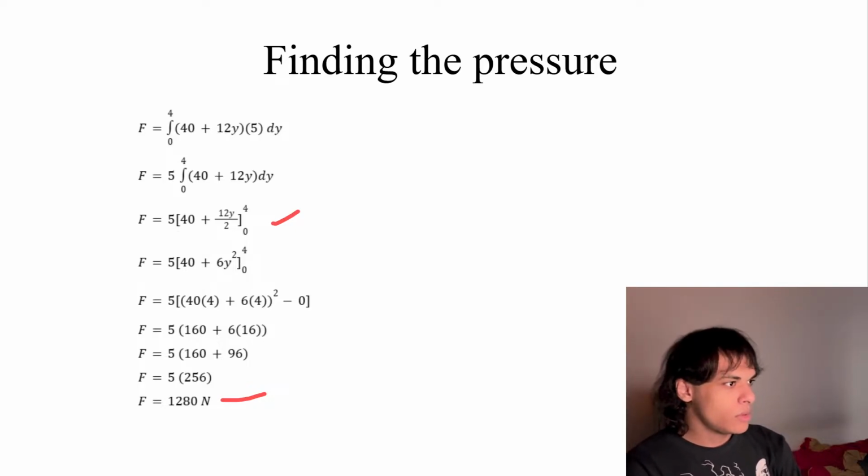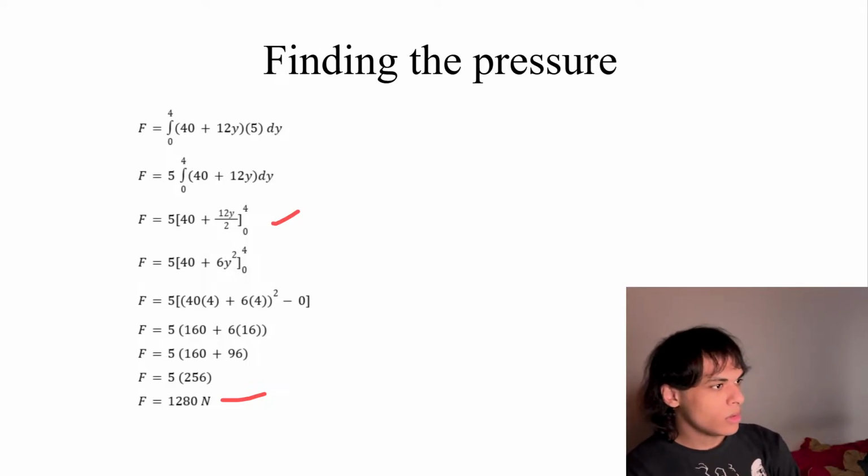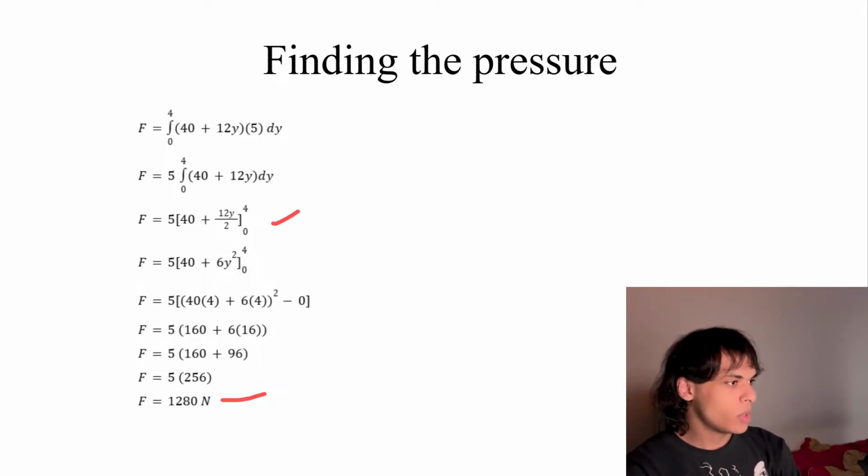The center of pressure will be lower since the pressure is uniform. The force is distributed evenly across the surface, meaning the center of pressure would act exactly at the geometric center, h over 2, which is 2 meters. In the current case, the pressure increases with height.